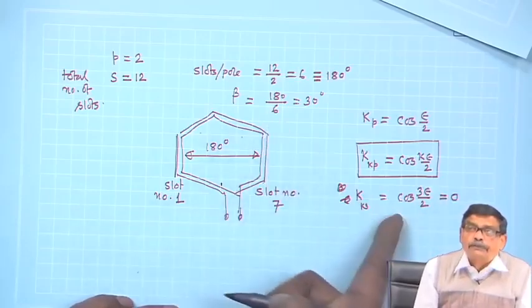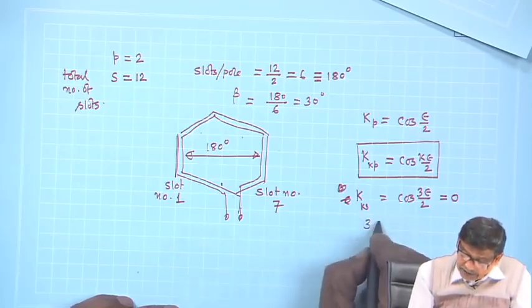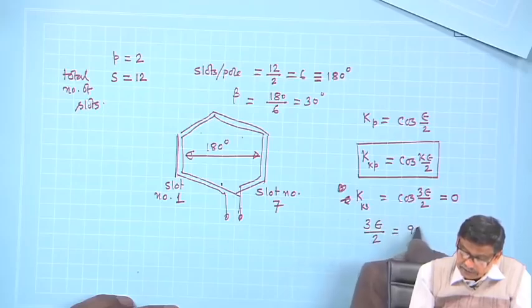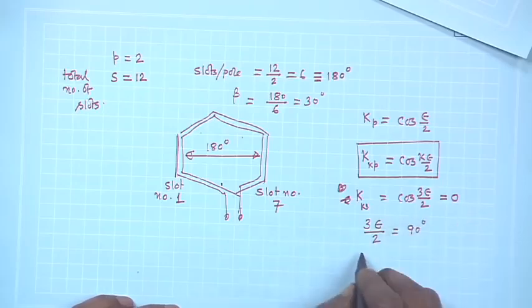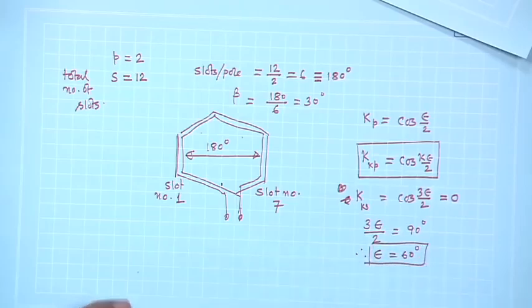For what value of epsilon can I do that? Obviously, 3 epsilon by 2 is equal to 90 degree, and I will say epsilon is equal to 60 degree.